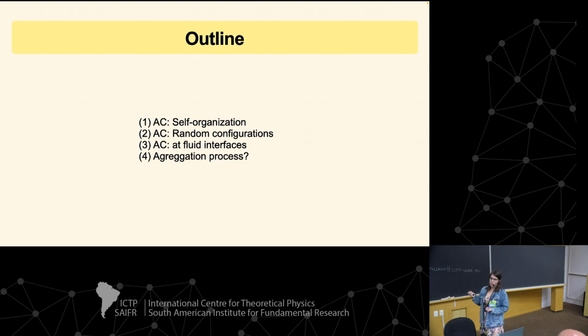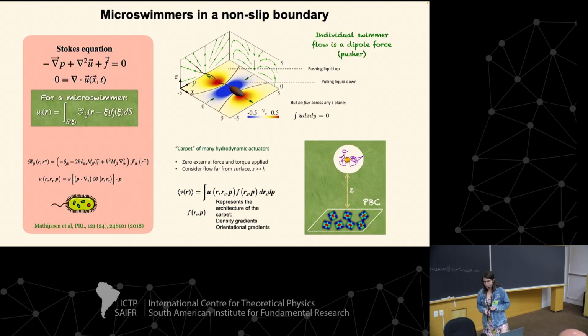Then we will consider an active carpet in a random configuration. And then we will consider an active carpet in a fluid interface. And finally, we are wondering if active carpets can start an aggregation process in the microscale. This is the final thing that we are exploring.